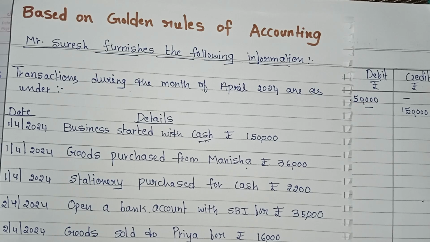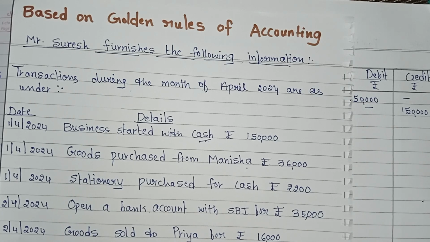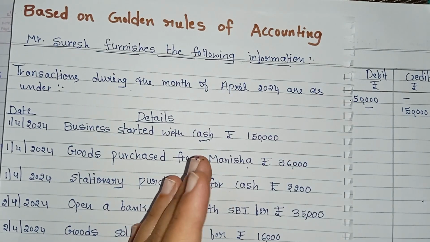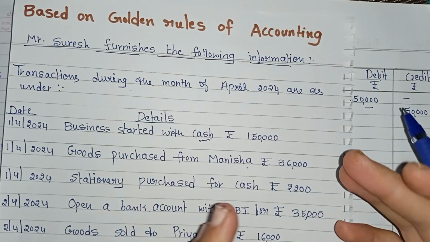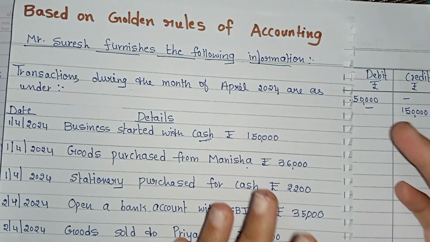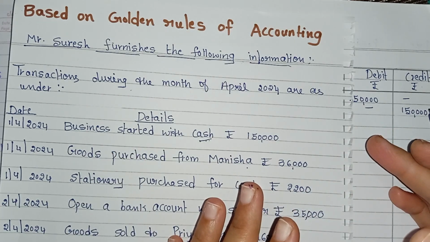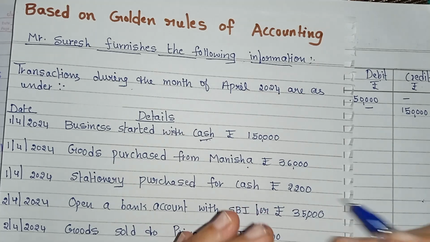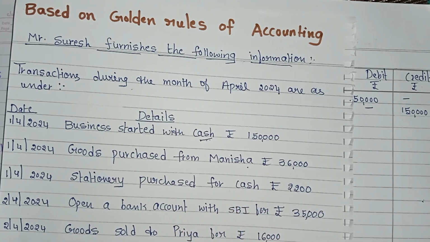The cash account falls under the real account category, because real accounts are related to all assets, including tangible and intangible assets. Cash is an asset, so it falls under the real account category.